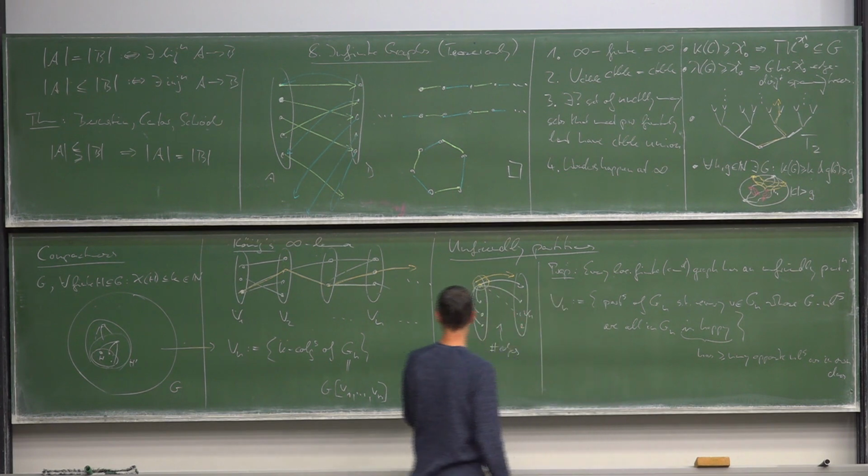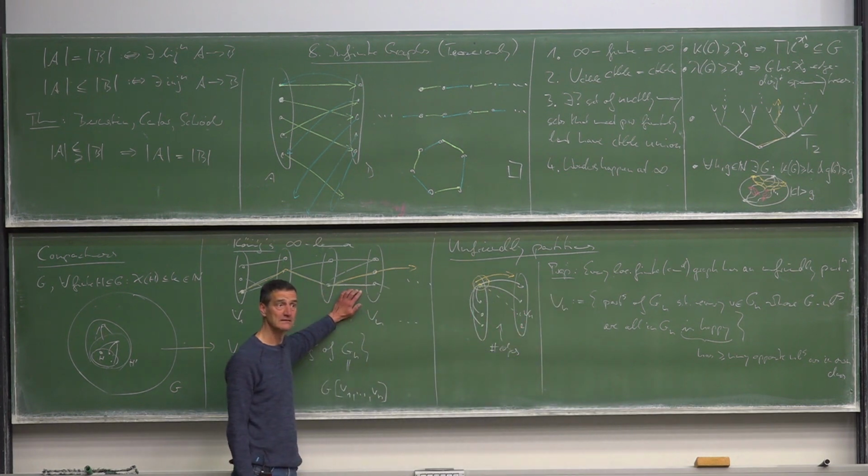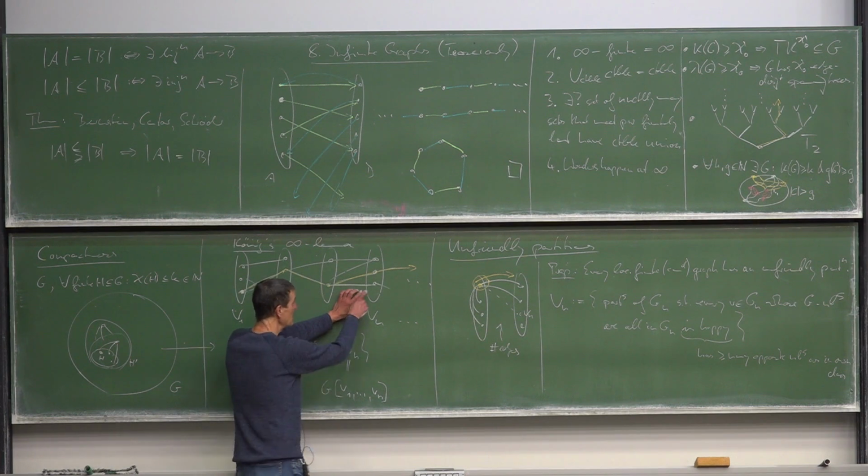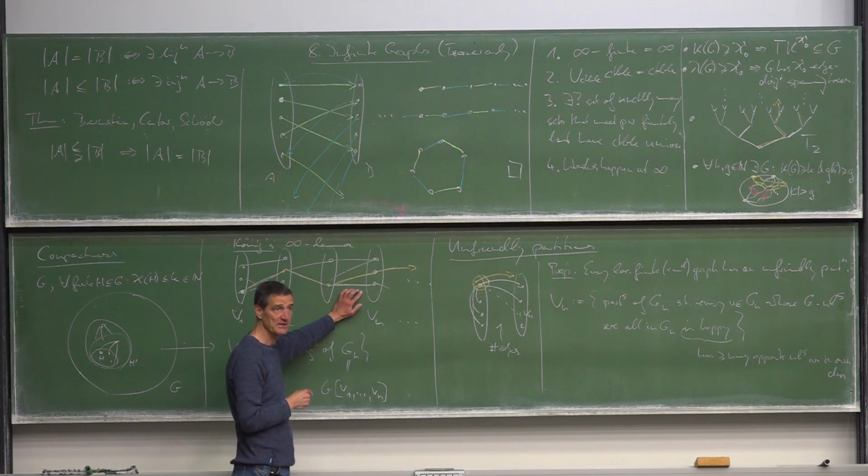Okay, but now this works, right? So I said earlier, a partition of Gn will induce a partition of Gn minus 1, but it need not, if it's unfriendly, induce an unfriendly partition here because the vertex we deleted might be missing as an opposite neighbor.